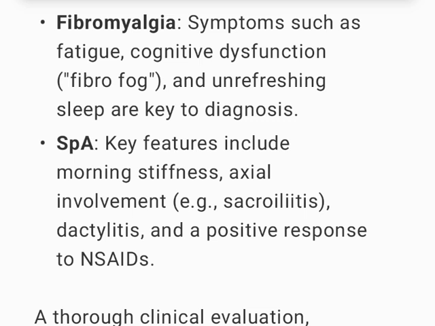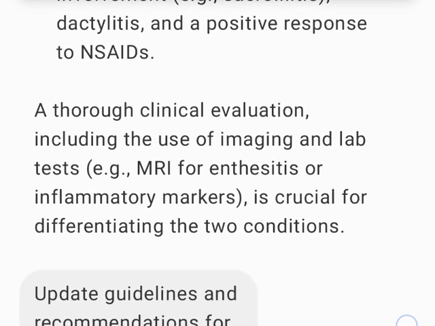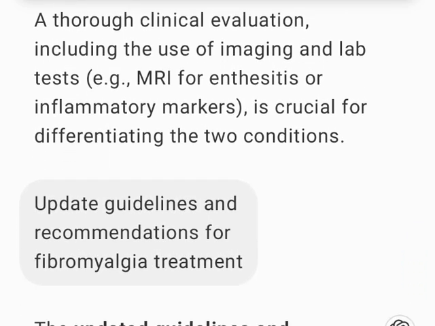SpA key features include morning stiffness, axial involvement, e.g., sacroiliitis, dactylitis, and a positive response to NSAIDs. A thorough clinical evaluation, including the use of imaging and lab tests, e.g., MRI for enthesitis or inflammatory markers, is crucial for differentiating the two conditions.